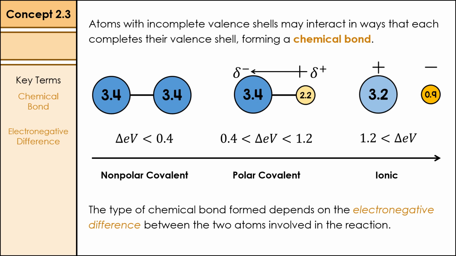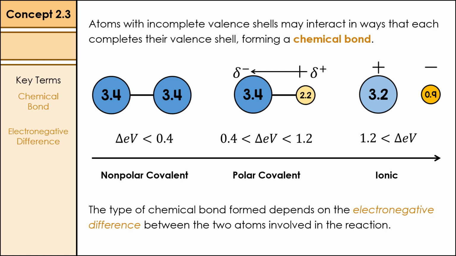So the type of bond that's going to be formed when our electrons interact with each other depends on the electronegativity difference between the two atoms involved. We'll essentially find the difference, subtracting one from the other, between these two atoms, and that will give us an idea of where our atoms run along this continuum.